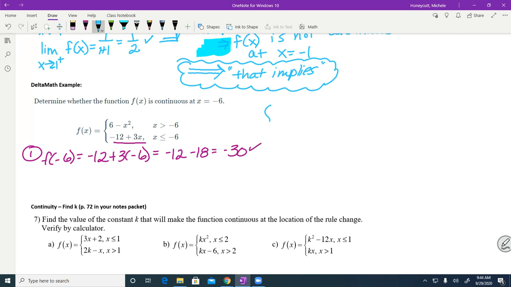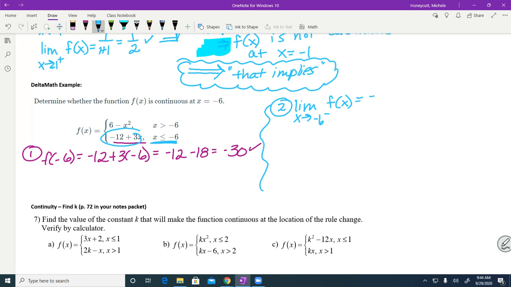Condition number 2, what is the limit? I need to check from the left and the right. So the limit as x approaches -6 from the left of f of x. I'm going to use the bottom formula this time because notice it says these are the values that approach from -6 from the left.